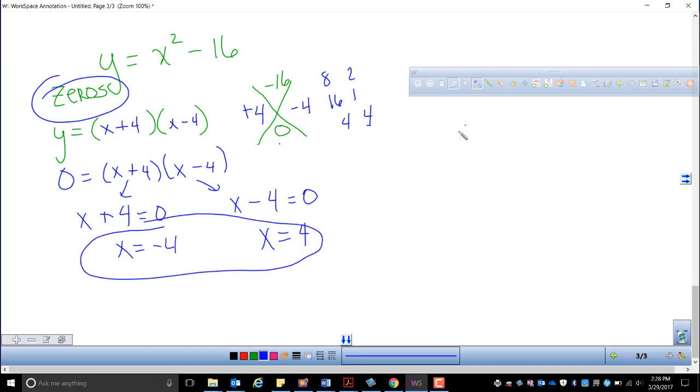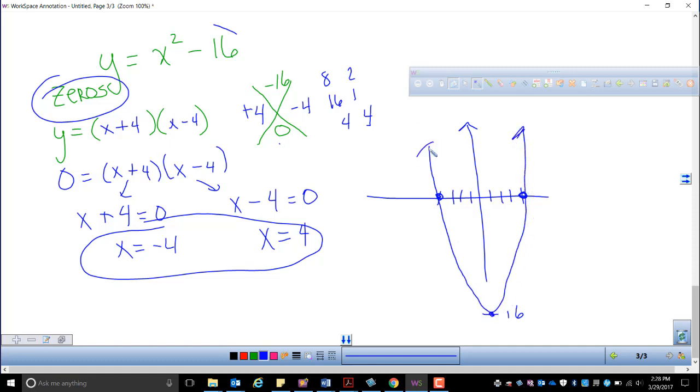But just to show you what that looks like, at positive 4, there's a 0. At negative 4, there's a 0. We know that the y-intercept is negative 16. So like way down here, here's negative 16. This parabola looks like this. There you go. That is what you're going to do.